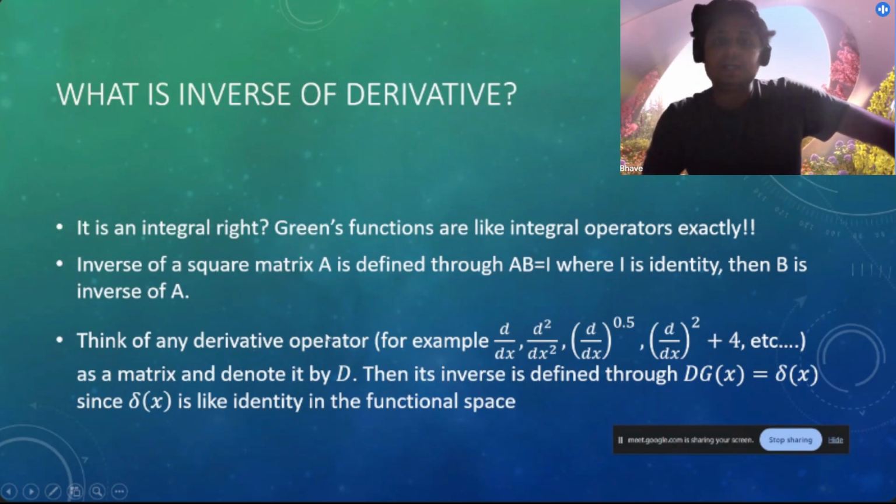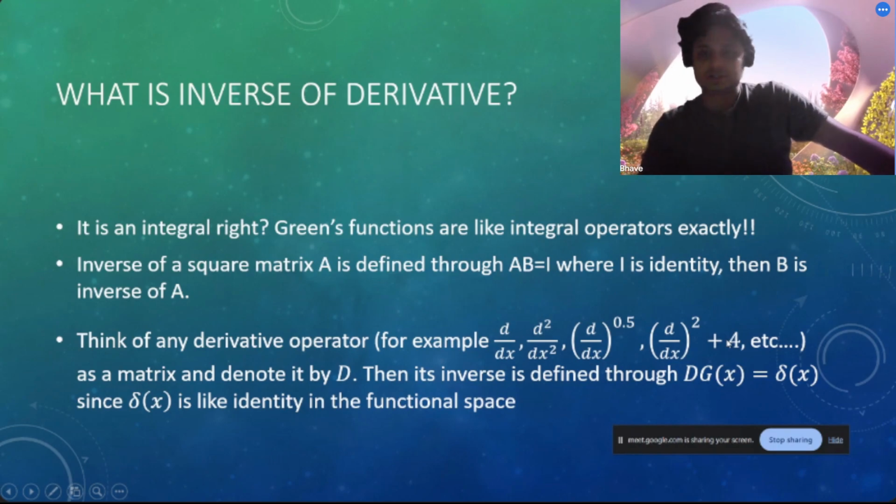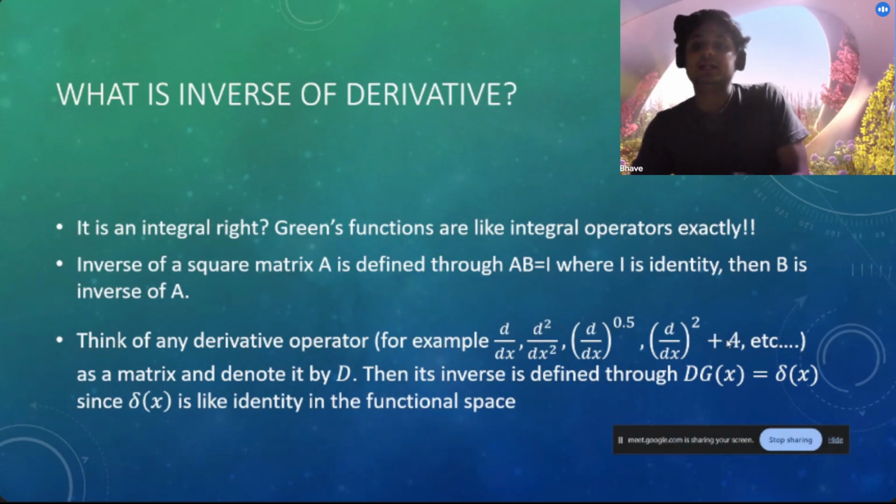So what do I mean by derivative operators? It can be any polynomials of these, or not even polynomials. It can be square roots also. So it can be d by dx, d square by dx square, square root of d by dx, d by dx square plus 4. All these are derivative operators. What I want to do is find the inverse of these operators.